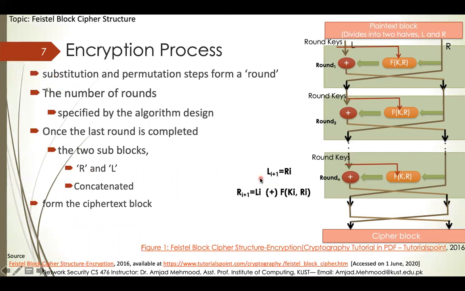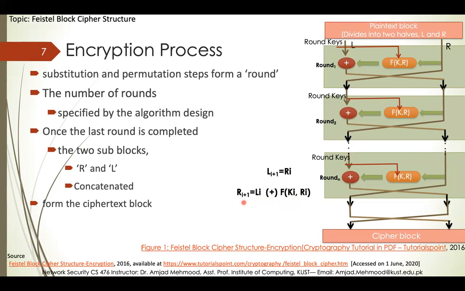Now you can see here these are the two formulas. For the next left, you are getting the previous R, so the right is assigned to the next layer's left side without any change, whereas on the right side the function is performed, XORed with the left side, and then passed to the next round's right side.